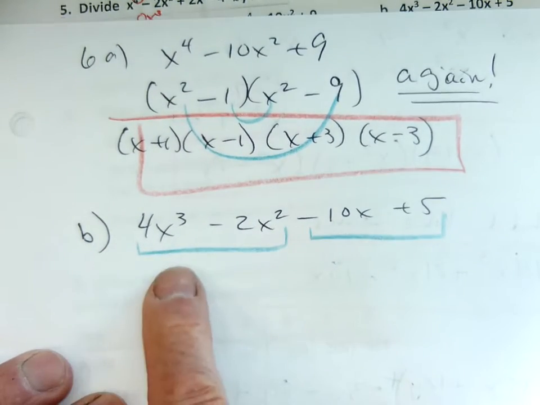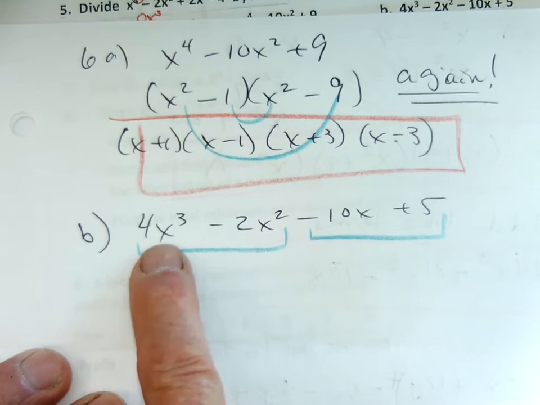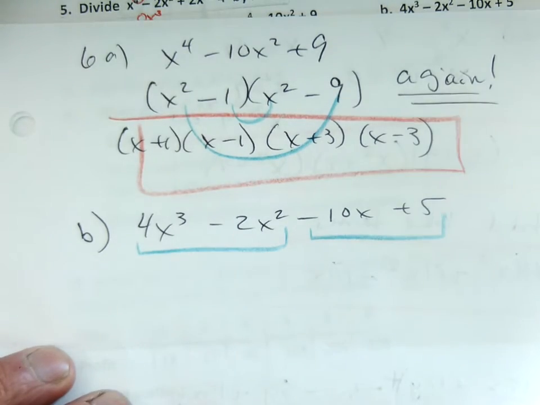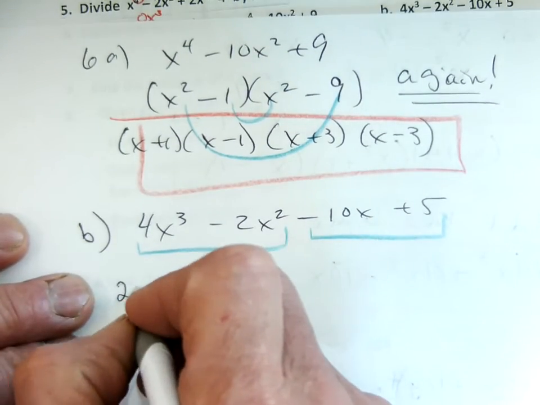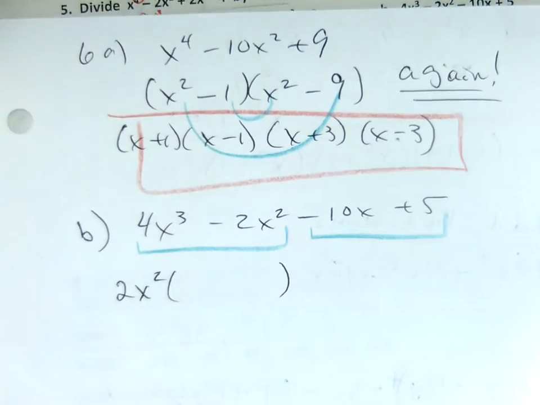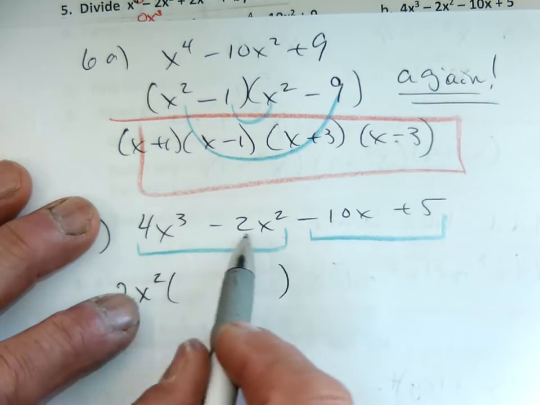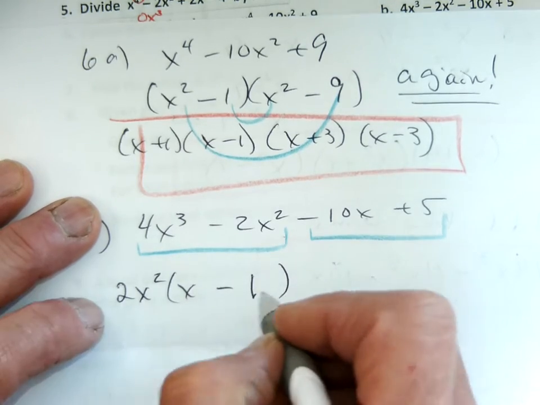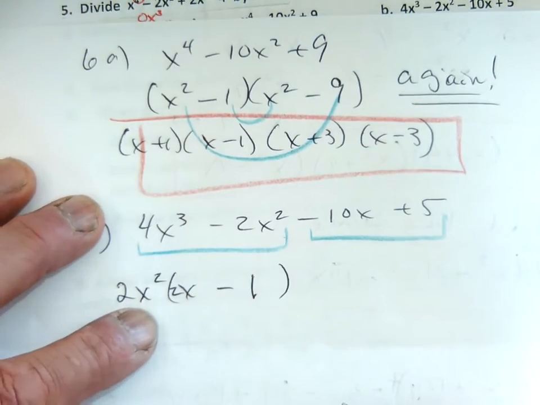The first 2 have a 2x squared in common, so I'll factor out 2x squared. What would be left in the 2 terms would be an x minus 1. Oh, 2x minus 1, my bad.